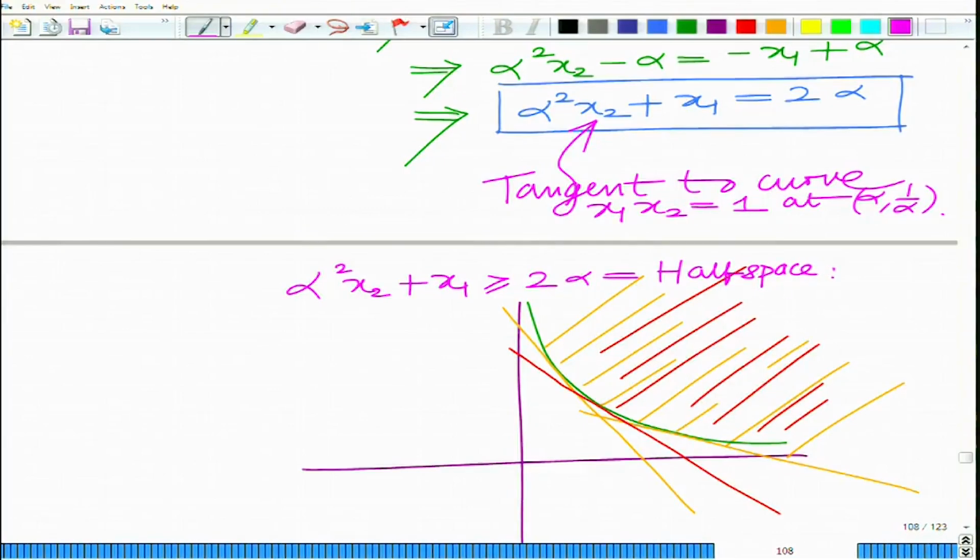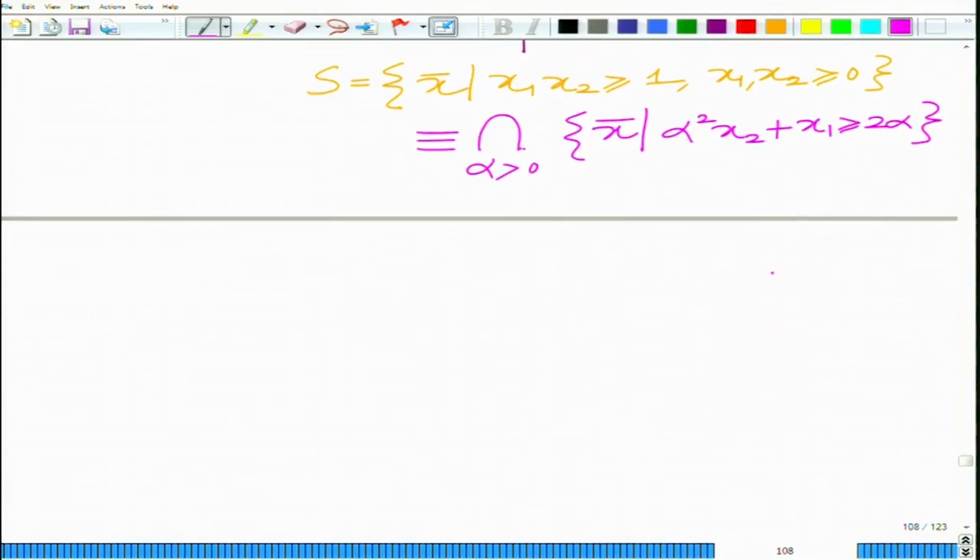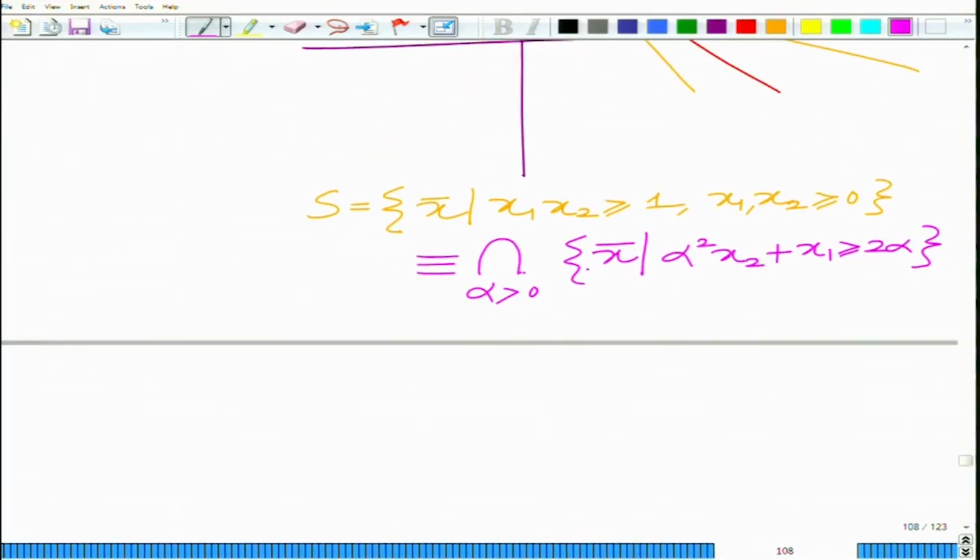Okay. So, this convex set x1 x2 greater than or equal to 1 is the intersection of all these half spaces, the intersection of an infinite number of half spaces.